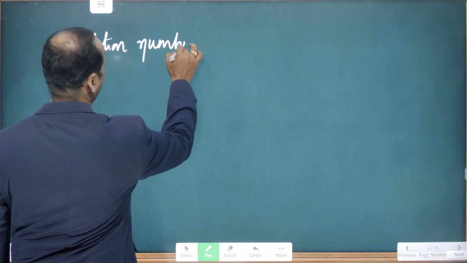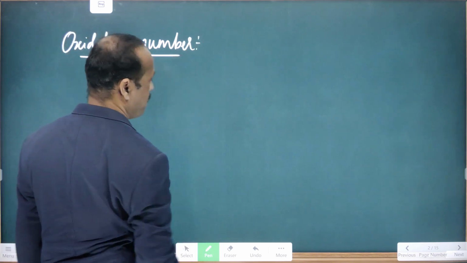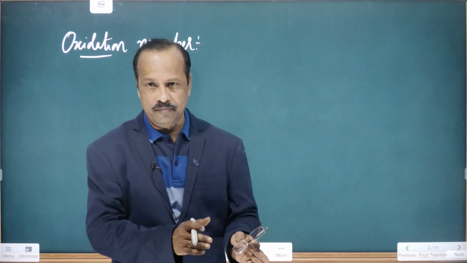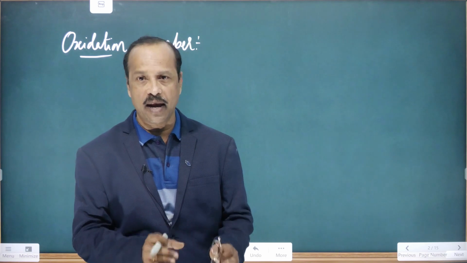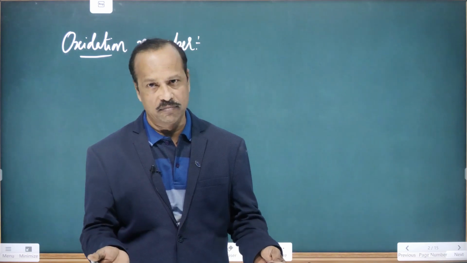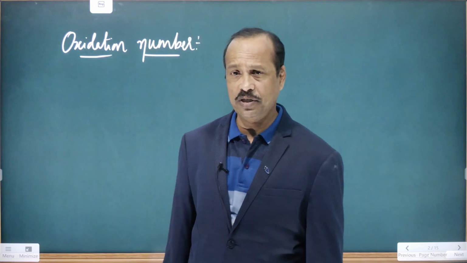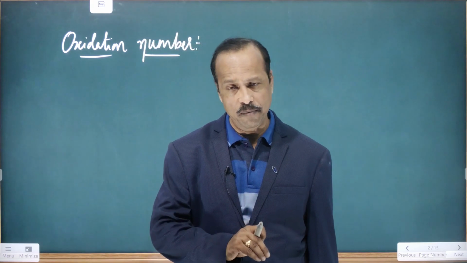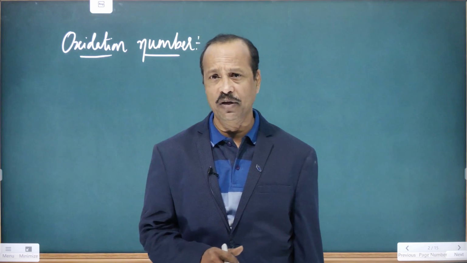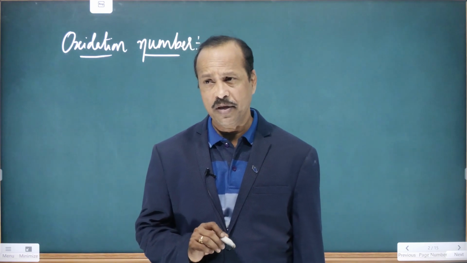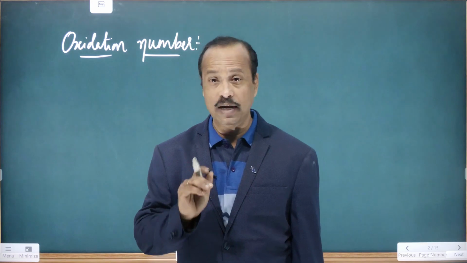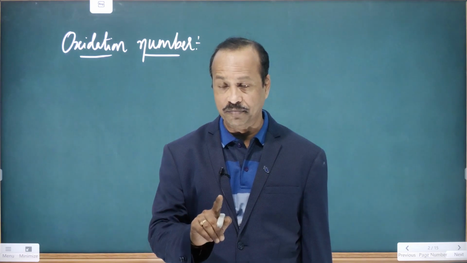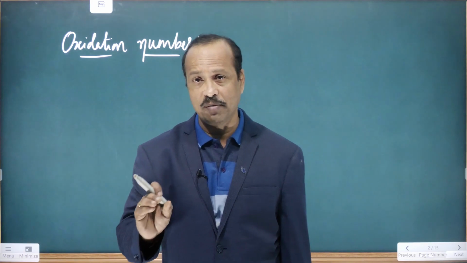Oxidation number can be defined in different ways, students, but in a simple way, it is the number of electrons lost or gained by an atom during the formation of chemical bonds.